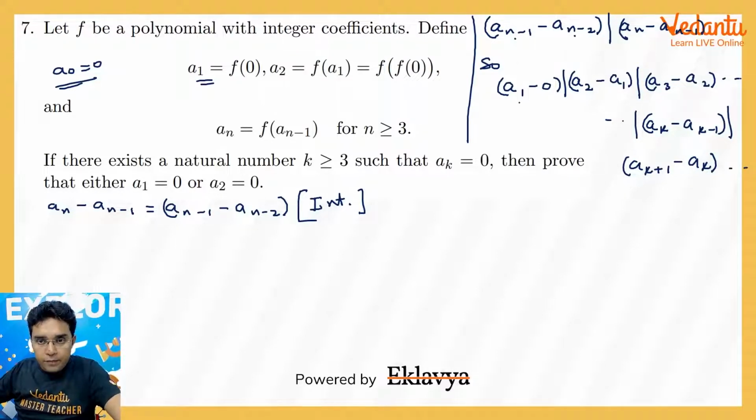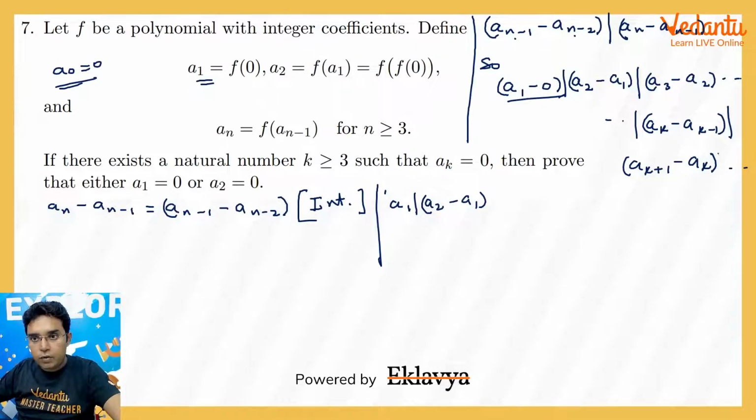So you can see this a1, let me use this space here, a1 divides a2 minus a1, and so on. After skipping a few terms, what you can see, this ak plus 1, as I proved, was a1, and ak we are given as 0, so this divides a1 here.